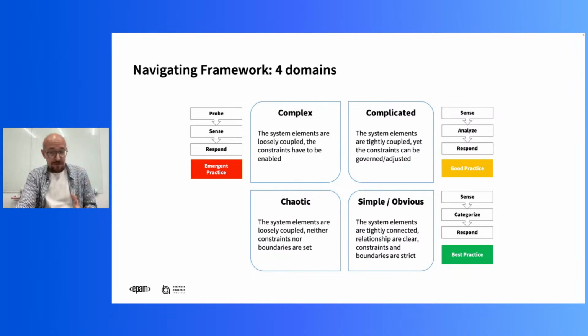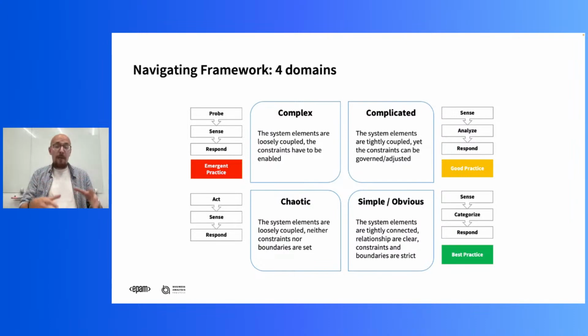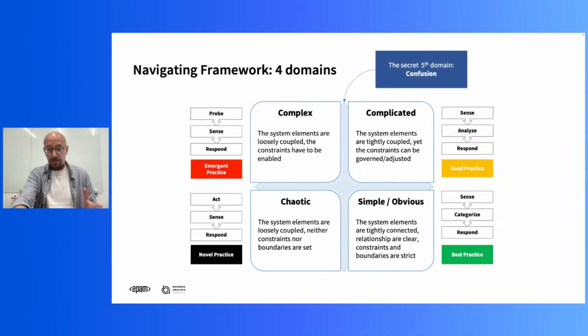Now, how do we tackle the chaotic domain? Well, when things are in chaos, when things are on fire, it's not the right time to do some kind of experimenting or maybe applying best practices, right? So the main thing we should do here is to act. So do something that puts us into a more manageable domain, and we call this the novel practice. So finally, let's talk about, I would say, the secret fifth domain, which is called disorder or confusion.